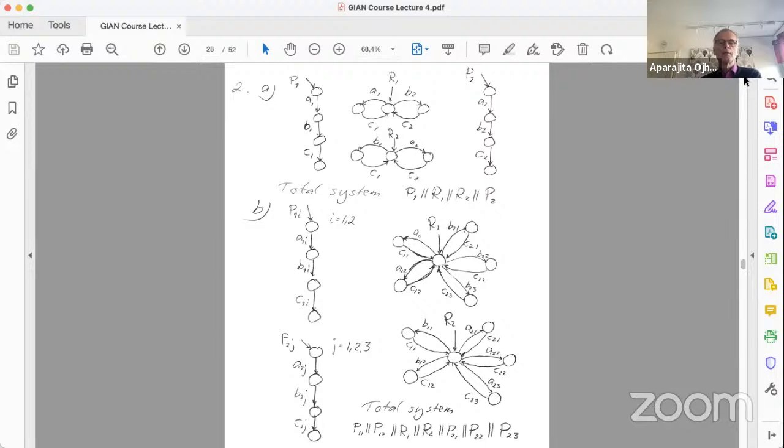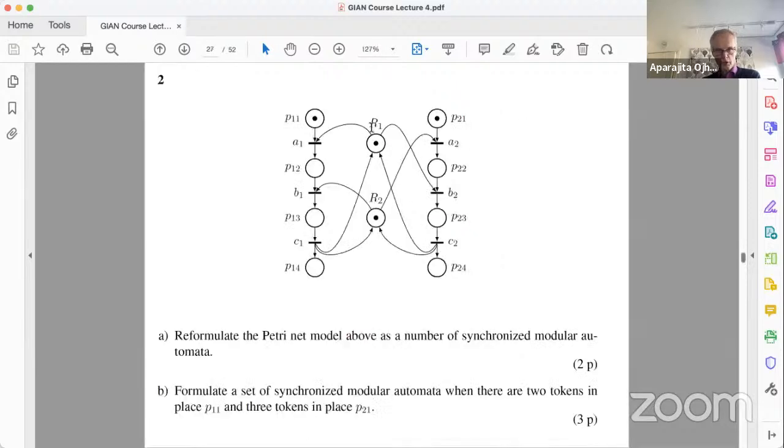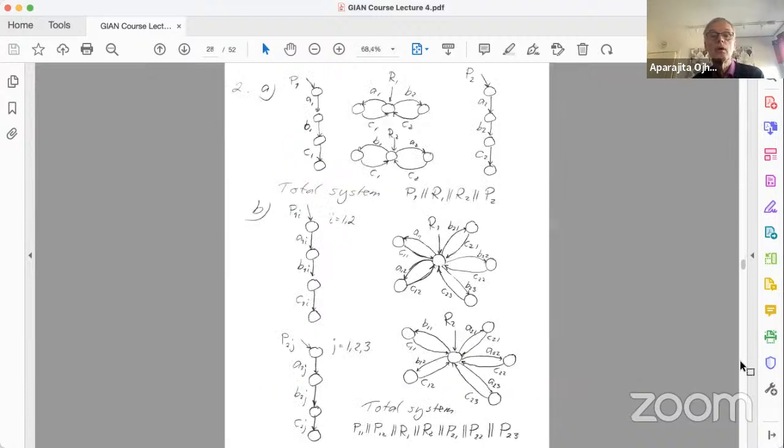Actually, the type of models you see here, we have seen before, definitely. For R1, it can either take an A1 followed by C1 and then go back, or B2 followed by C2 and then back. Let's see if that's correct. A1, C1, or, no, B2, C2.